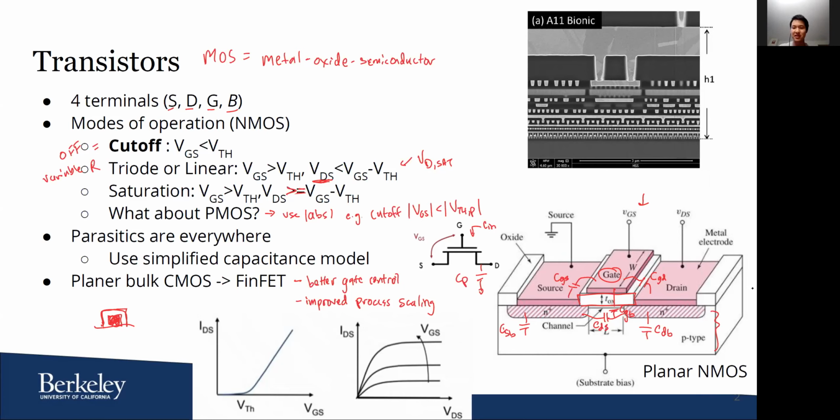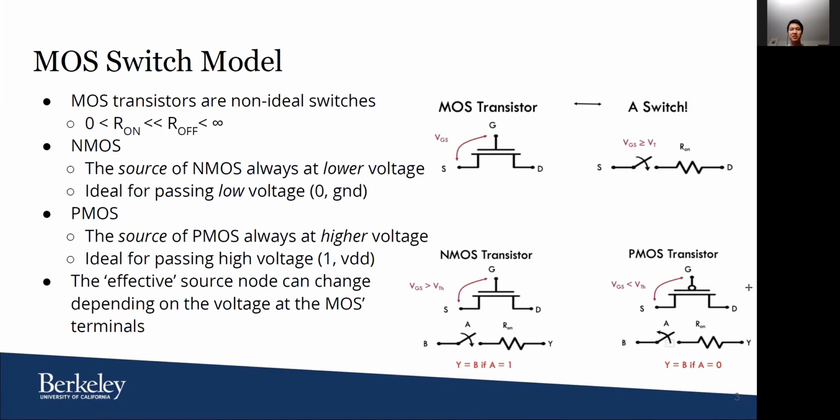All right, any questions here? Okay, moving on. So MOS transistors, we think about it as a non-ideal switch, okay? So there are two equivalent resistances that you can think about in a MOS transistor. One is going to be the on resistance and the off resistance. And in a good MOS transistor, the on resistance has to be much less than the off resistance, but neither of them are going to be truly zero or infinite, okay?